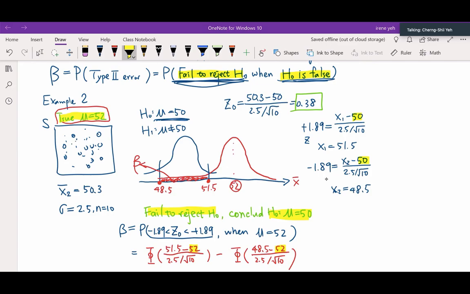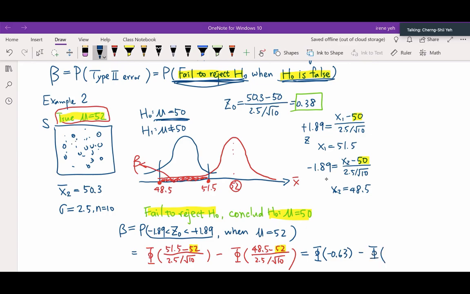Always know which is the population mean you're dealing with. So this is the cumulative probability to negative 0.63.